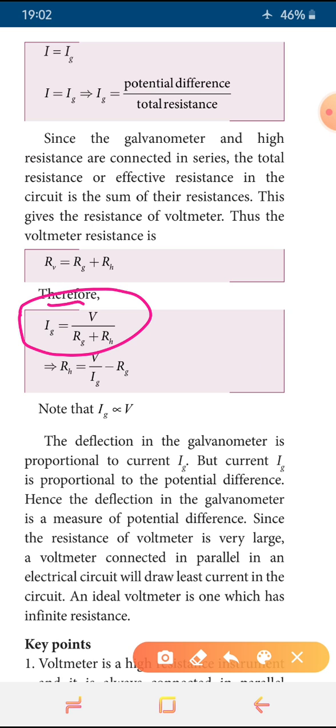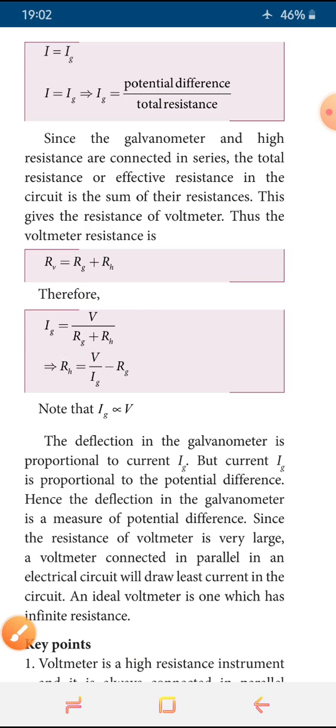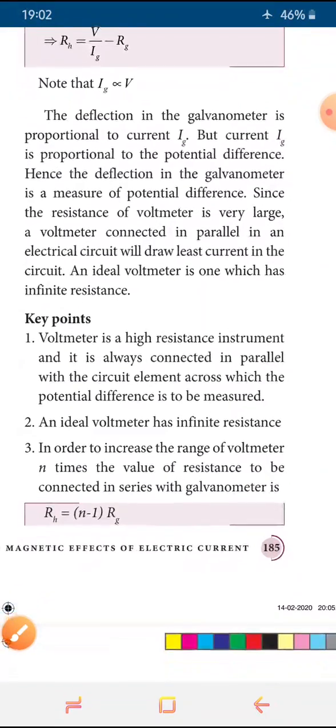An ideal voltmeter is one which has infinite resistance. Then only it will give a perfect result when we connect it in the electrical circuit. Some key points are given here. One, as we know, the voltmeter is a high resistance instrument.